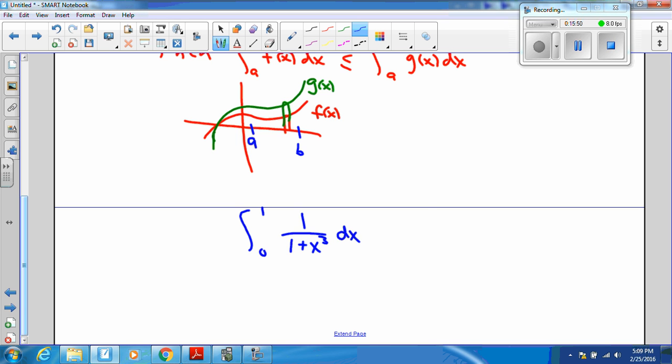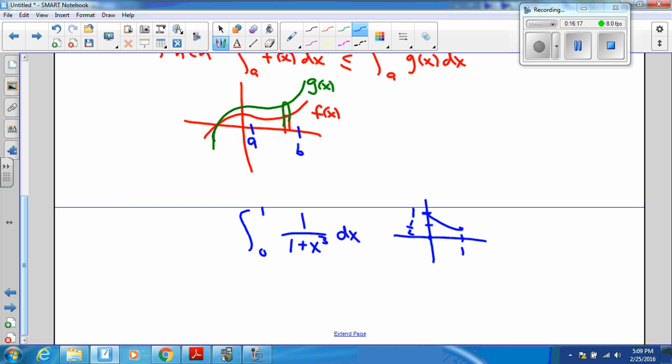Then I consider that this function, 1 over 1 plus x cubed, has to have its largest value of 1 when x is equal to 0. And it has to decrease to a value of 1/2 when x is equal to 1. And it has to do that because 1 plus x cubed is going to get larger, and therefore 1 over 1 plus x cubed is going to get smaller as x increases.